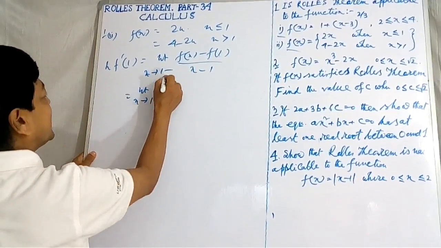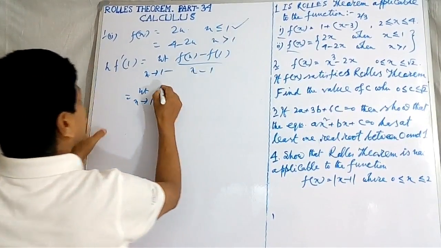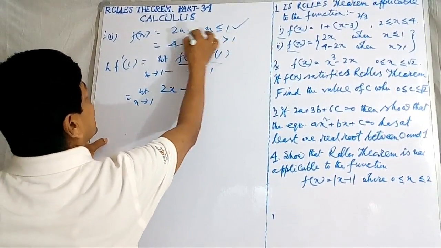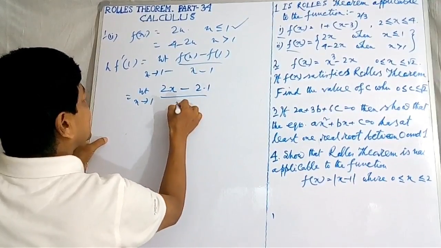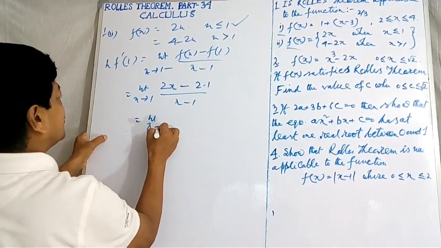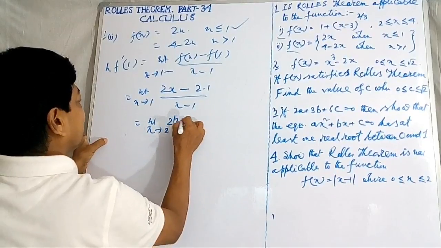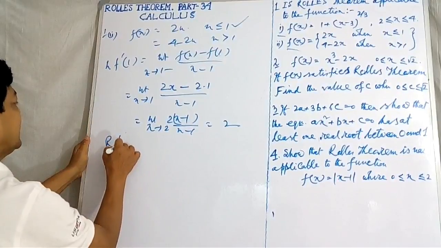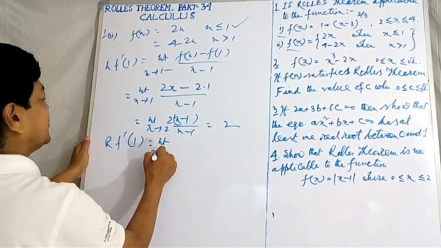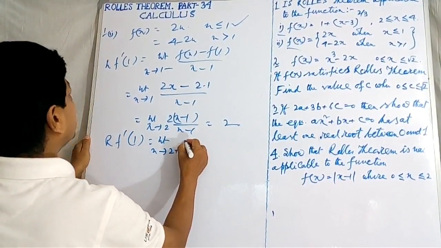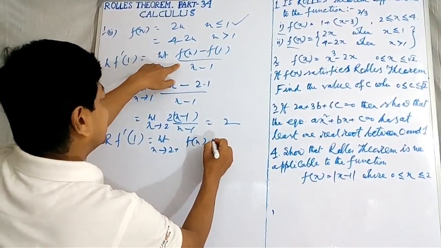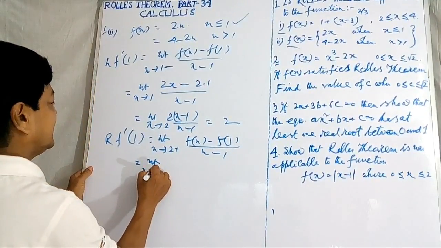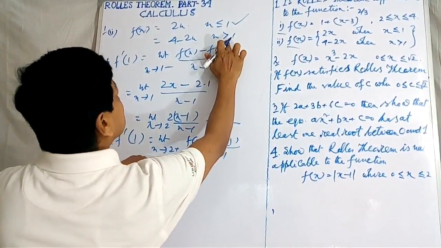Limit x tends to 1 minus means x less than 1, so f(x) is 2x and f(1) equals 2. That is 2 into (x minus 1) by (x minus 1), so this cancels, giving 2.